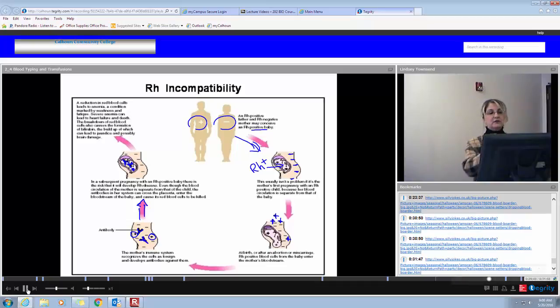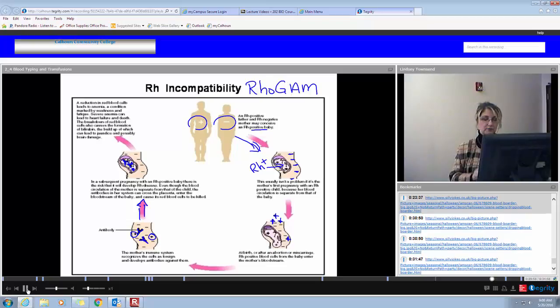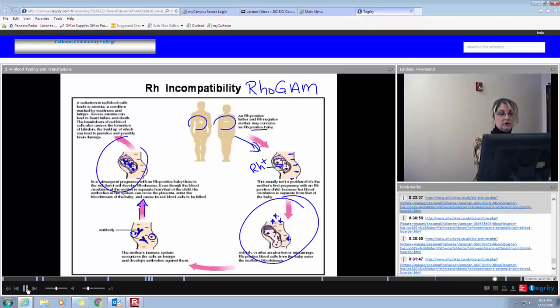To prevent this from happening, mom typically will take a shot of RhoGAM. Heard of that before? RhoGAM is typically given before or very, very shortly after birth. Now, this, of course, needs to happen here, not over here. All right, we need to have that RhoGAM shot right before or right after this birth so that we don't have this buildup of antibodies.